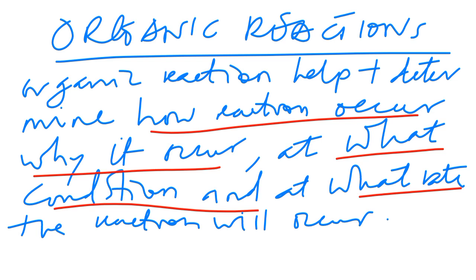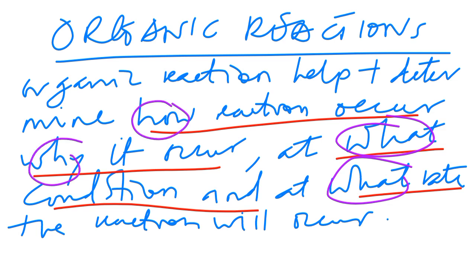So these are the four things that I will describe: the rate, at what condition, why, and how the reaction occurs. If you have a bit of determining about this in the chemical equations of organic reactions, it seems that you are perfect in organic chemistry by making different mechanisms. So we have a thing that we call reaction mechanism.